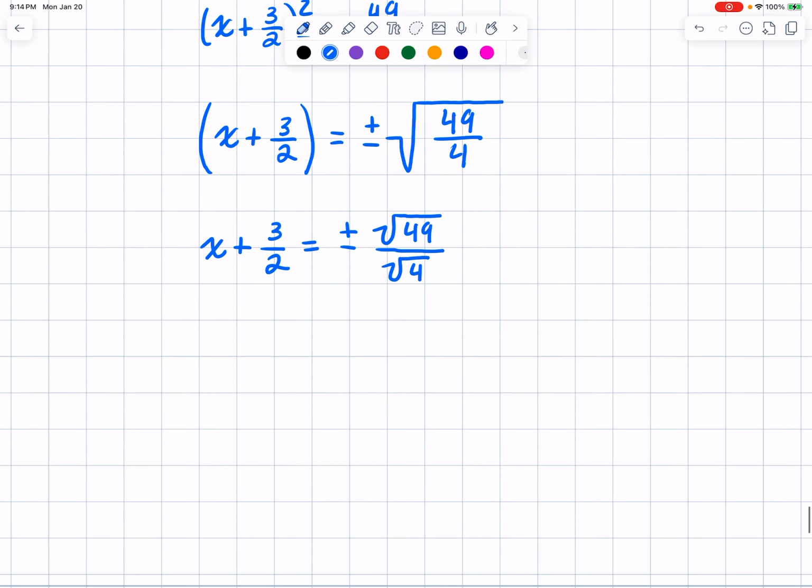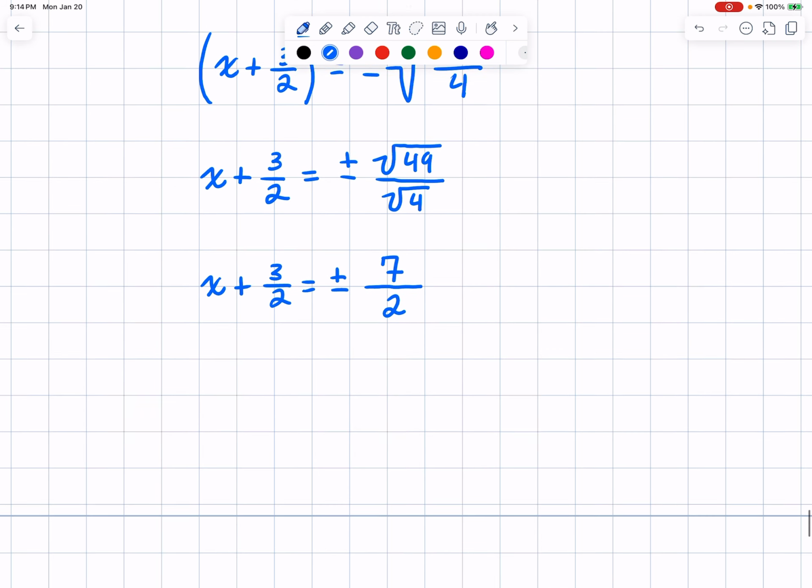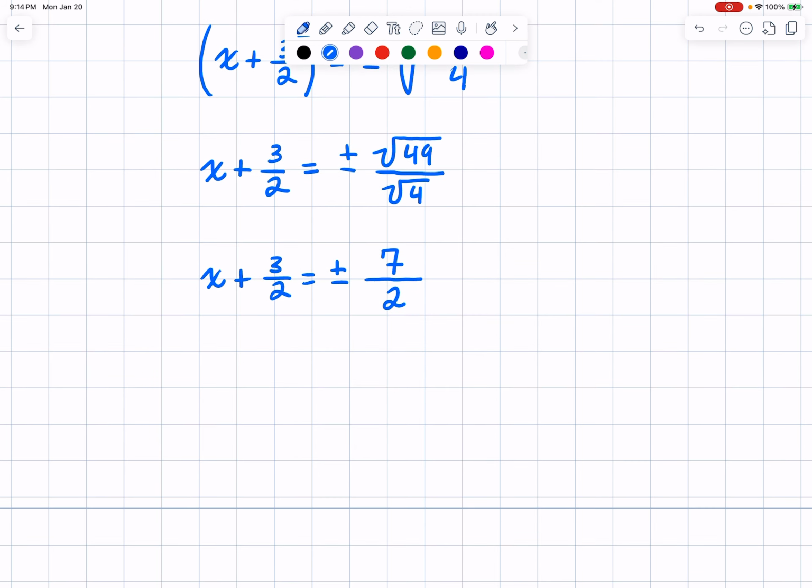So the square root of 49, as we saw earlier, was 7, but first let's write this. X plus 3 over 2 equals plus or minus, and yes, the square root of 49, as we just said, is 7, and the square root of 4 is 2. Now we want to split up our problem. So on the left-hand side here, let's do x plus 3 over 2 equals positive 7 over 2.